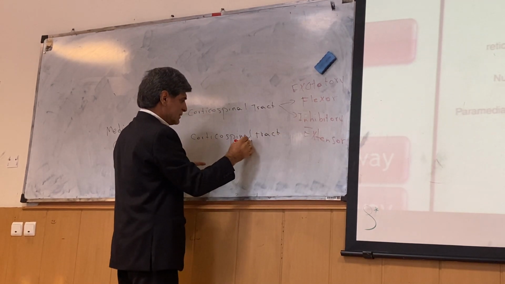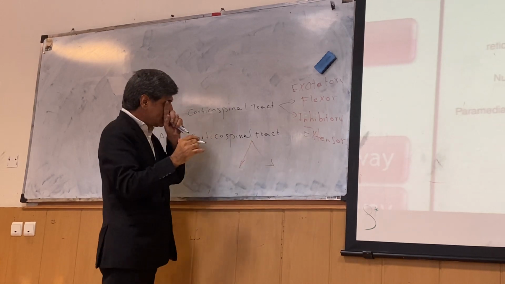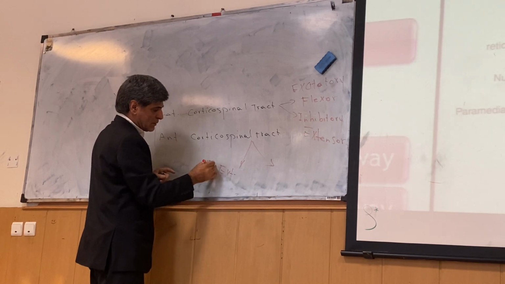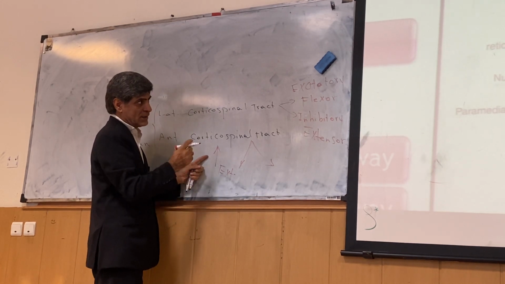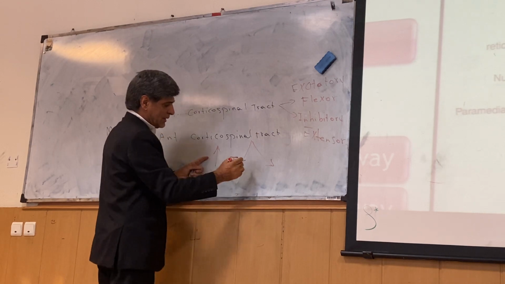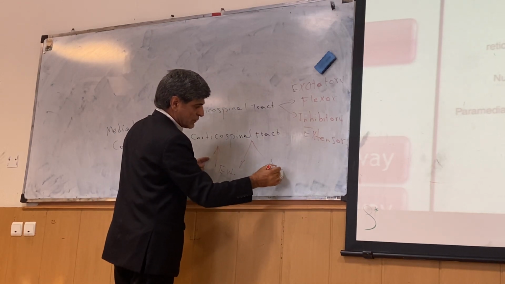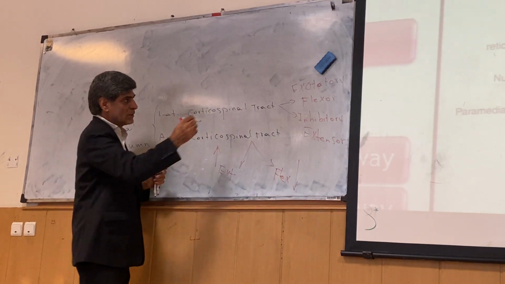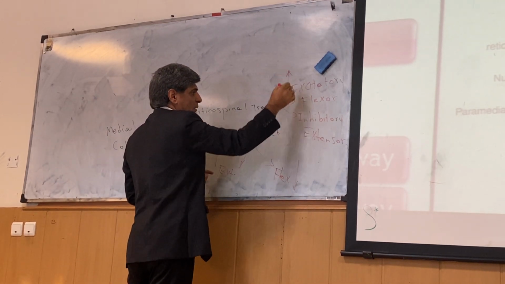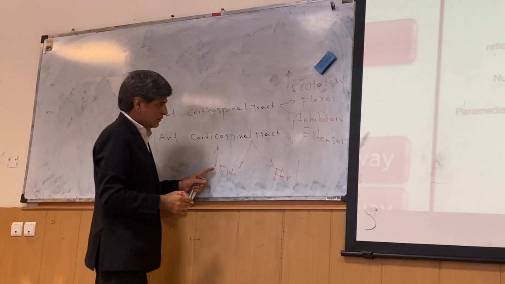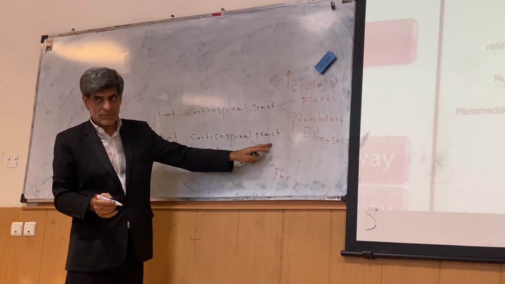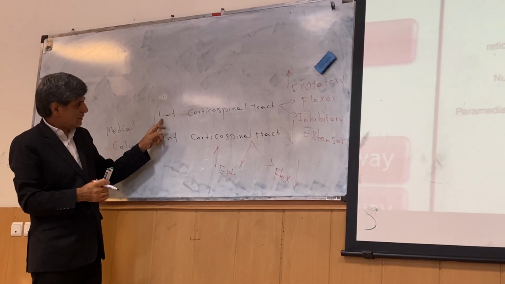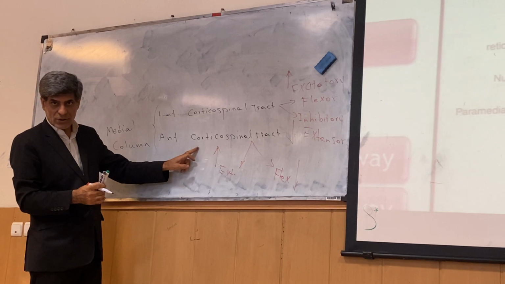Okay, and anterior is inhibitory to flexor and excitatory to extensor. Okay, this is the opposite function, lateral and anterior.